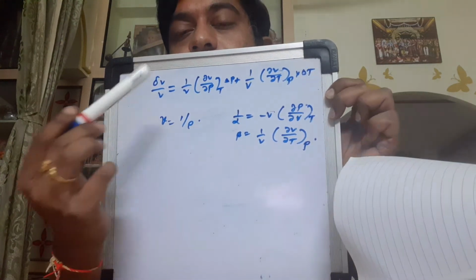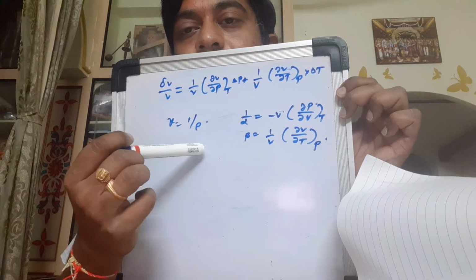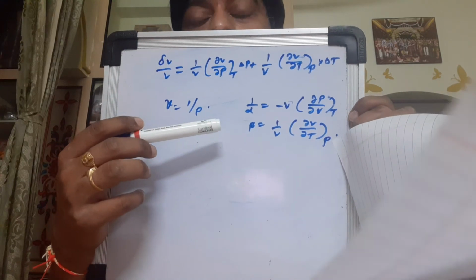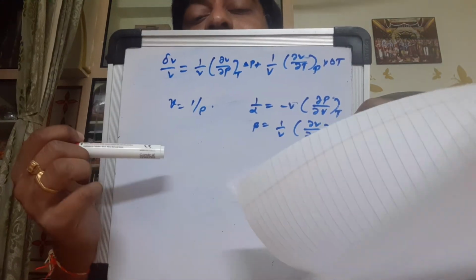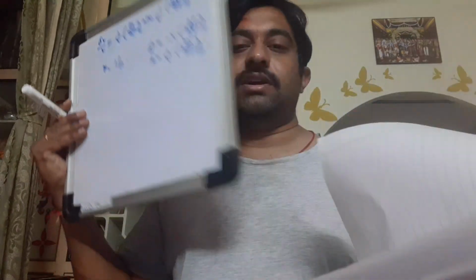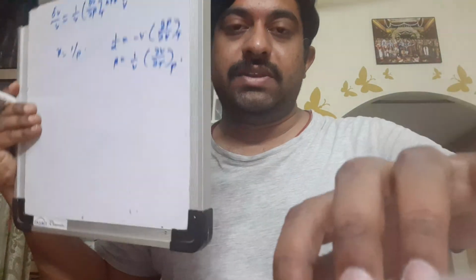These equations I want to use, and then I want to find the relation for change in density. That is the main point. With that, I will continue the derivation in the next video. Okay, please stay back.